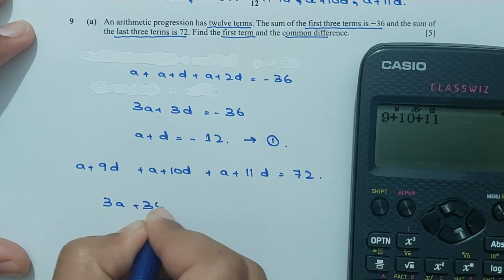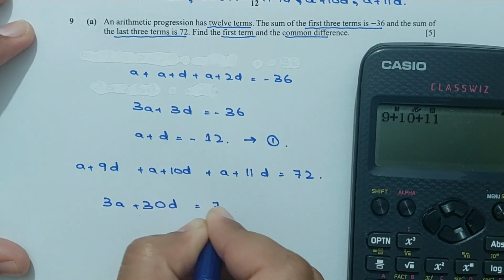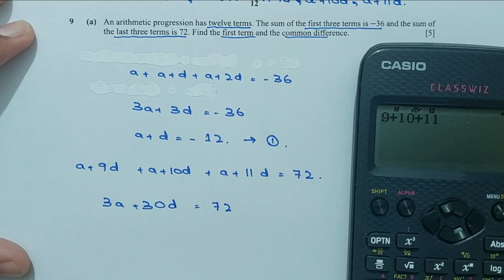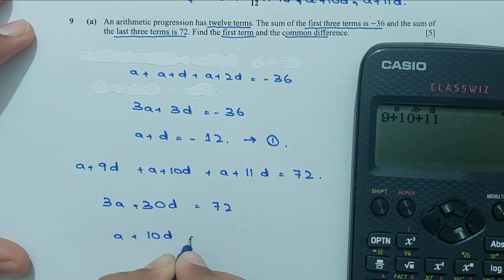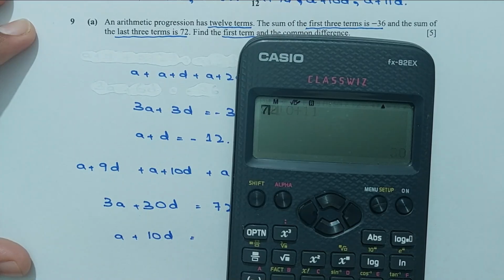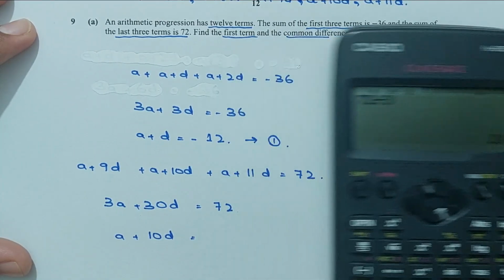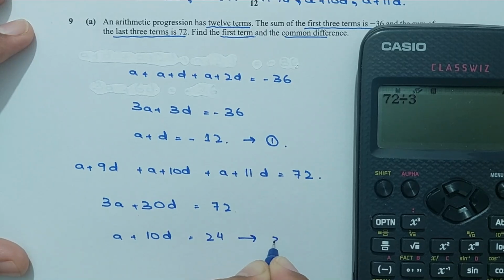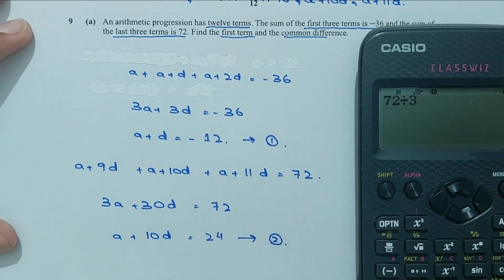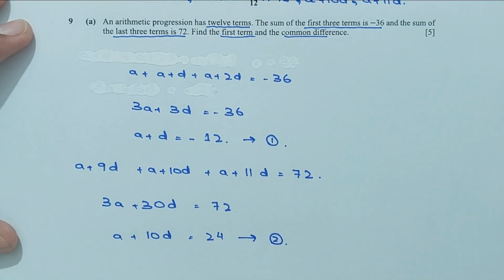So 3a plus 30d equals 72. Taking 3 common, we have a plus 10d equals 72 divided by 3, which is 24. This is my second equation. Let me solve the 2 equations and we will get the first term and the common difference.